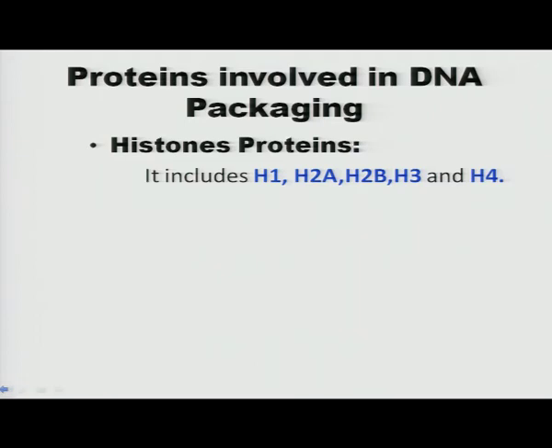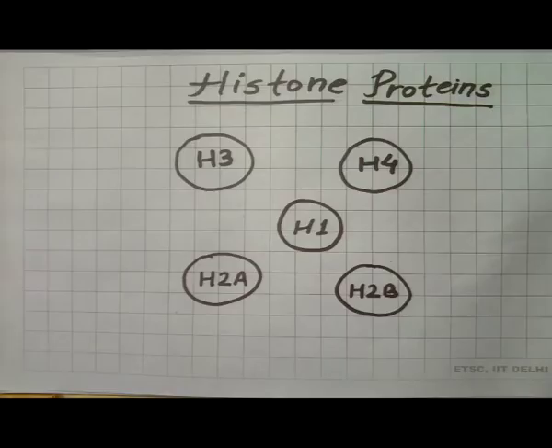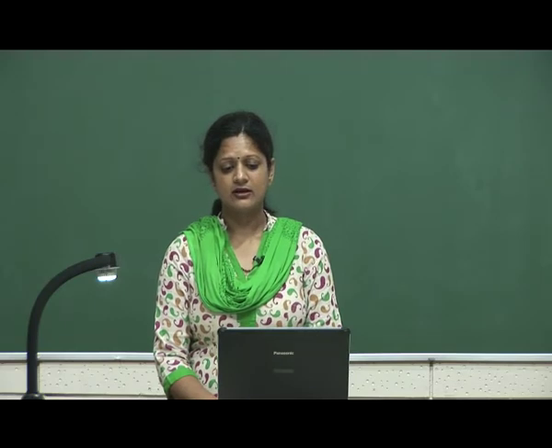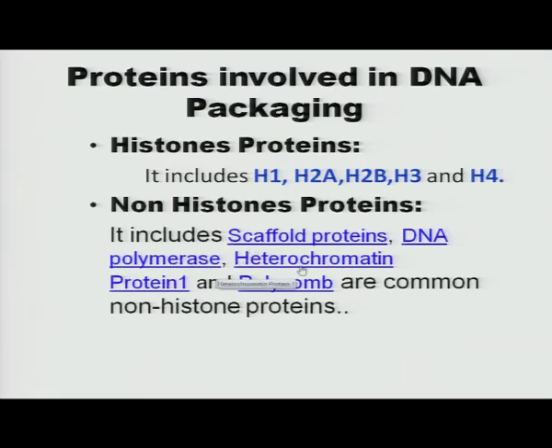The second type is non-histone protein, which also directly or indirectly helps in the packaging of DNA. Non-histone proteins include scaffold protein, DNA polymerase, heterochromatin protein 1 and polycomb, and many other proteins.